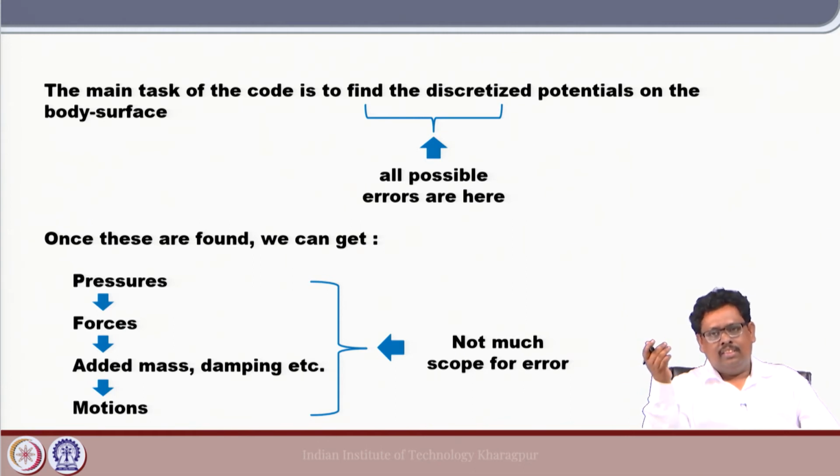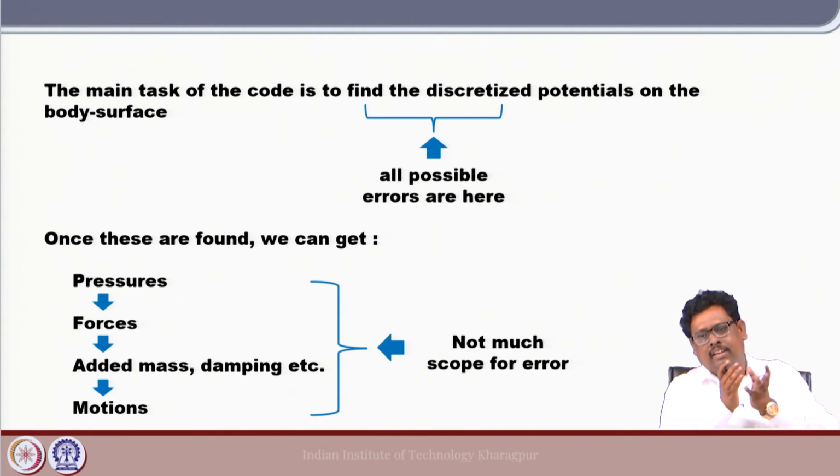That means, essentially, only the evaluation of the Green's function is the most difficult part of this whole code. However, once you get the A_ij matrix or B_i matrix, the remaining parts are simple algebra. The solution of the matrix nowadays is also not a big issue.